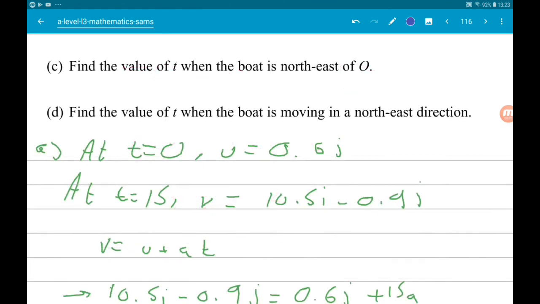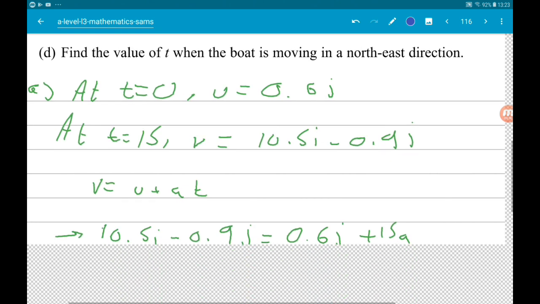And D wants us to find the value of t when the boat is moving in the northeast direction. So when the velocity is northeast. So we're going to need to find the velocity vector, which is the derivative of r, and again set the component coefficients equal to each other and solve for t.